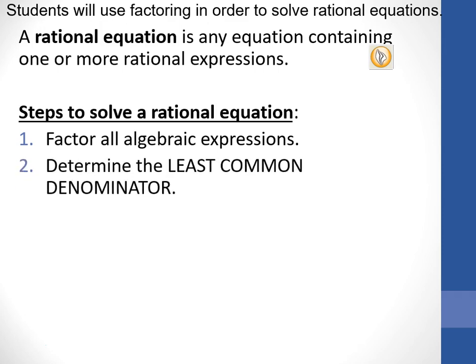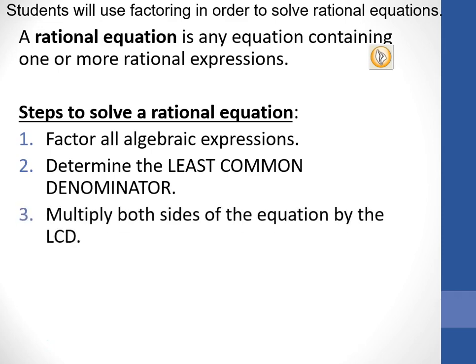Then we want to find the least common denominator, just like we were going to add or subtract. Once we found the least common denominator, we're going to multiply both sides by that least common denominator. And when I say both sides, I mean of the equation.